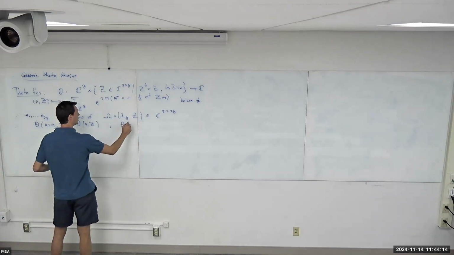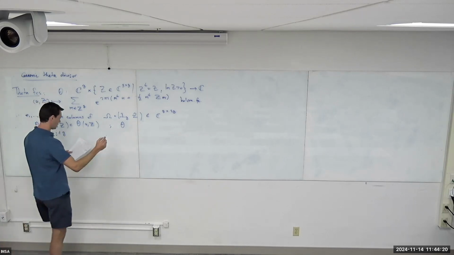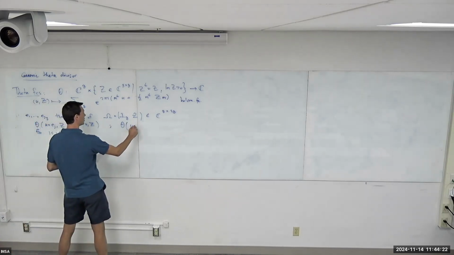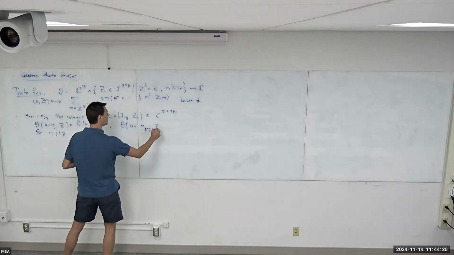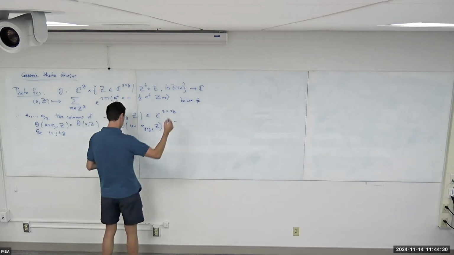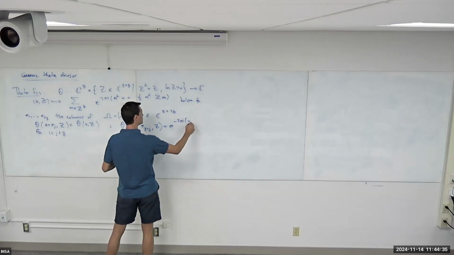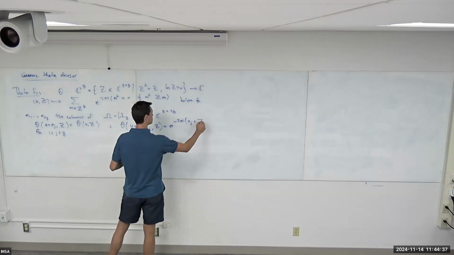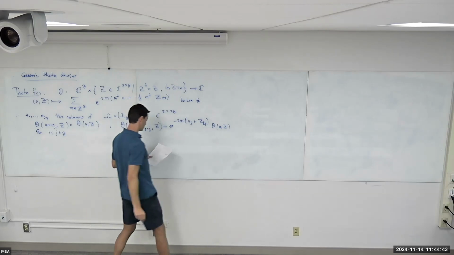And this is for j between 1 and g. And for the same j, theta of u plus the j-th column of z, z is e to some non-zero factor in front of theta of u, z.